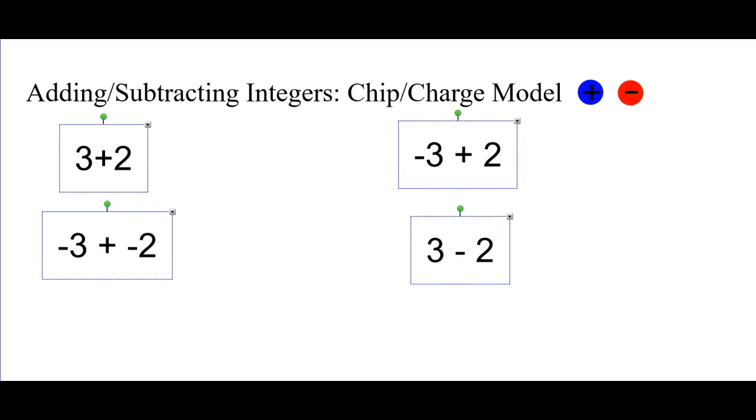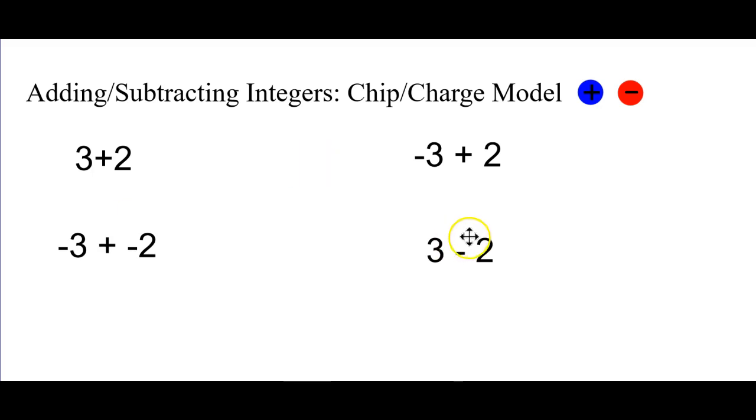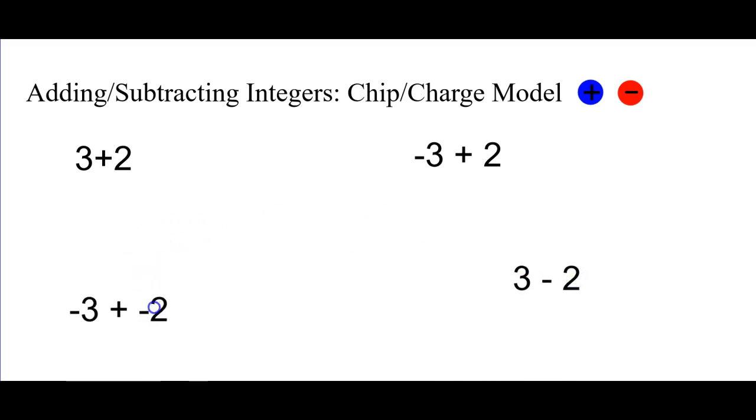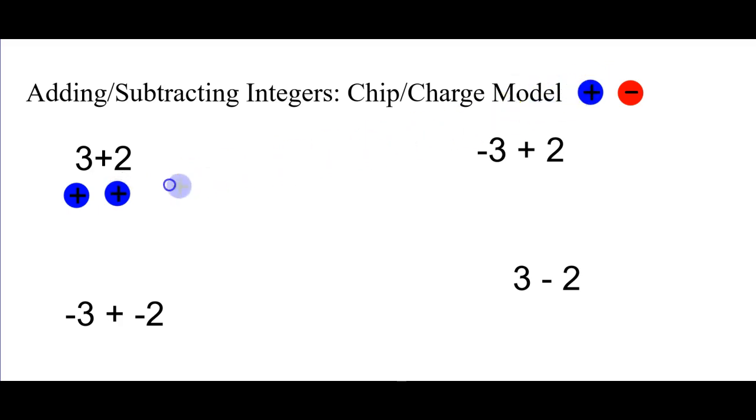So let's look at it using the chip charge model. So we're going to go through the same first 4 problems. Now, we did the chip charge problem before with a problem like this, where we had 3 plus 2. So what I want to see is 3. When you're doing your work here, you got 3 of something, and then you're going to add 2 to it.